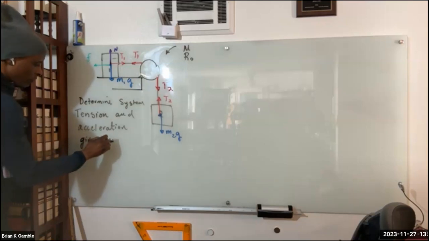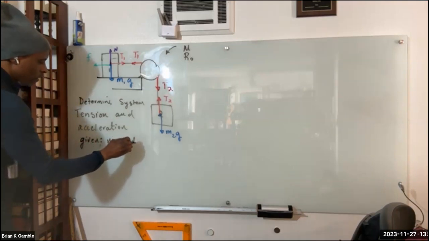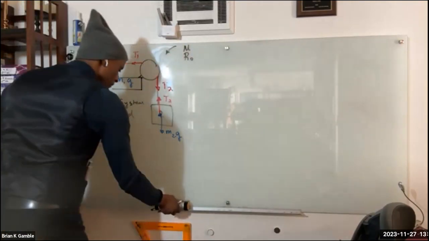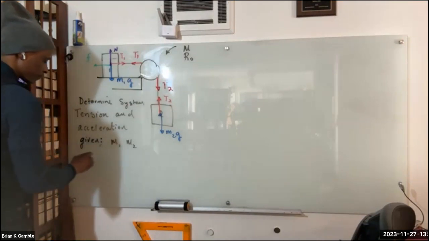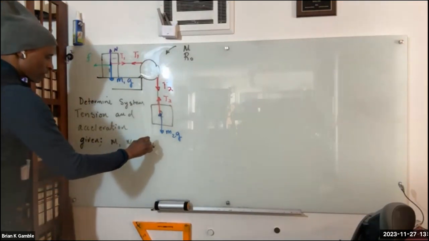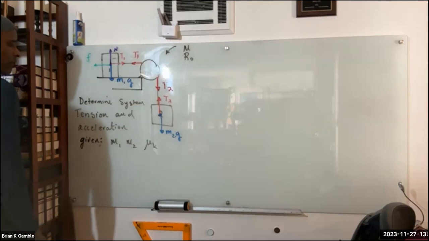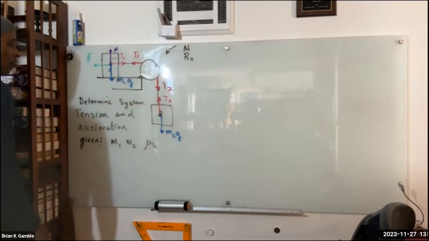So we're given M1, M2, coefficient of kinetic friction, of course, the acceleration due to gravity. And I think that's all we need. Yeah, so there's no angle there, so we don't need that. Oh, and of course the masses.